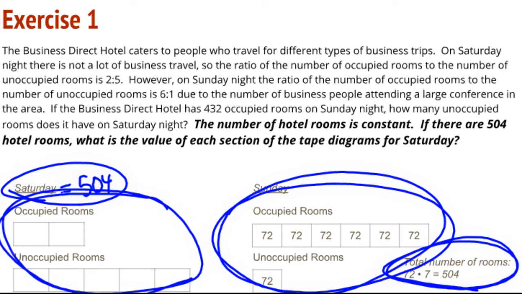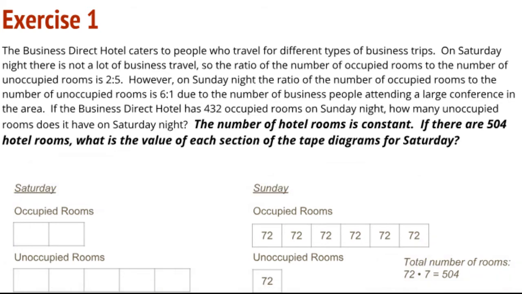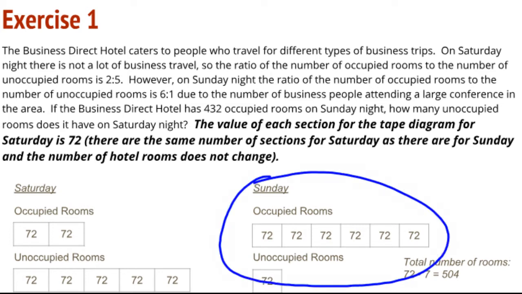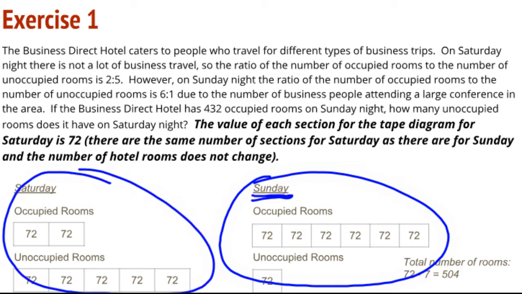Our units are going to remain the same. So each of our units for Saturday night is going to be 72. The value of each section is 72 because we have 7 parts here, 7 units on Sunday, 7 units on Saturday.